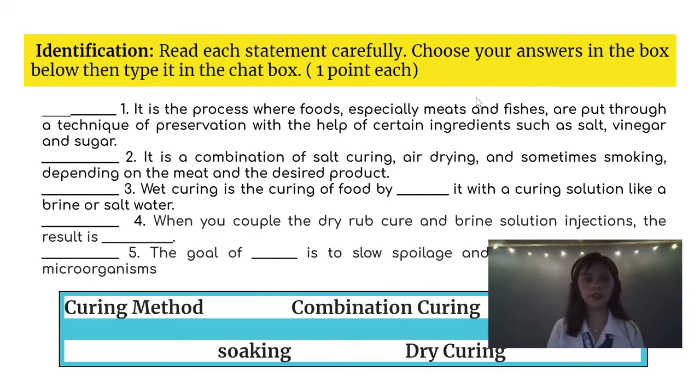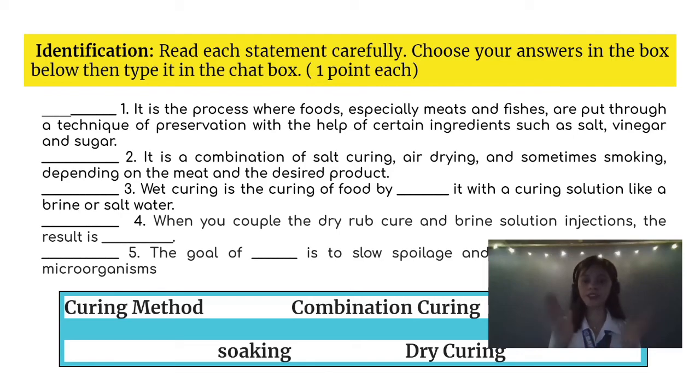Is that clear? For your quiz, read each statement carefully. Choose your answers in the box below, then type it in the chat box. 1 point each. You have the answers here in the box. You just have to choose the best answer. Your 5 minutes starts now.